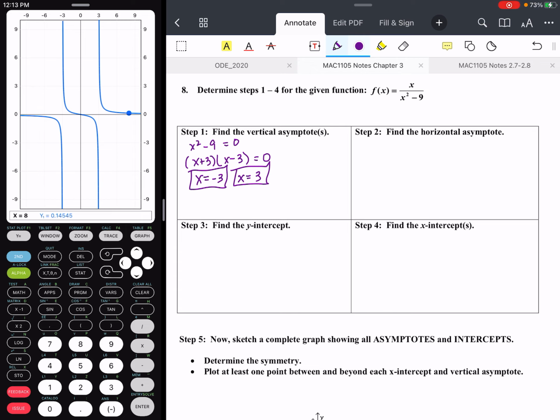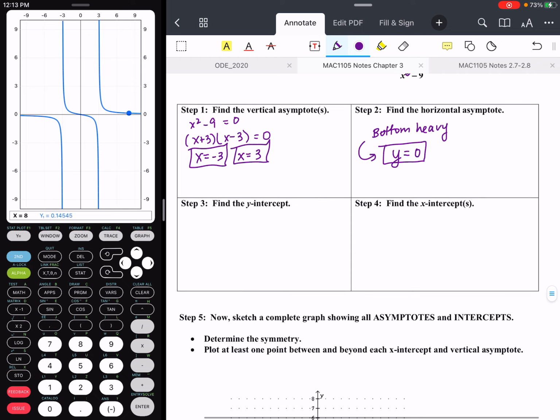For the horizontal asymptote, I'm comparing the degree of the numerator, which would be 1, to the degree of the denominator, which would be 2. So this is what I call a bottom-heavy function. So this is going to produce our asymptote y equals 0. And I can see in the extremes of the function that my function is kind of leveling out at a function value of 0, y equals 0.